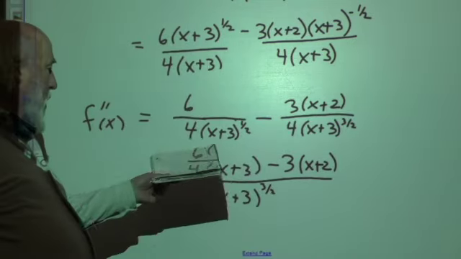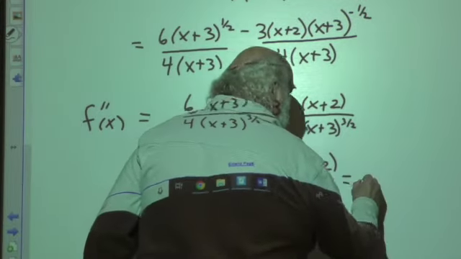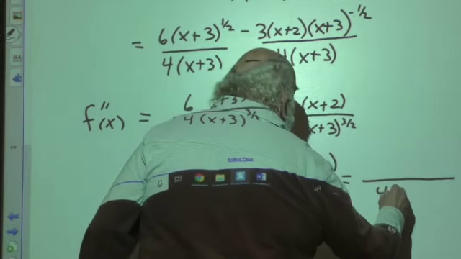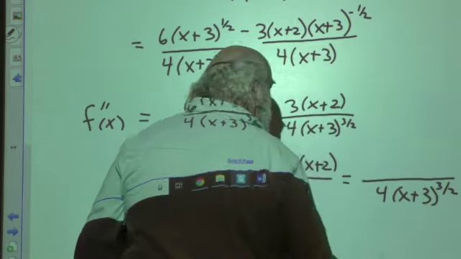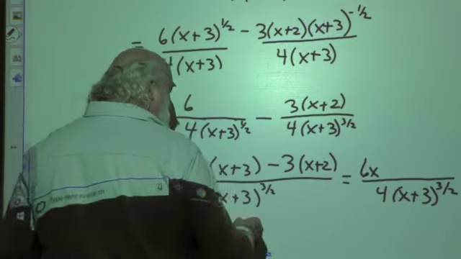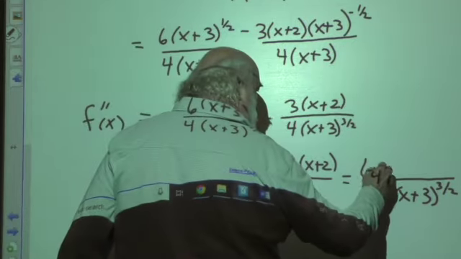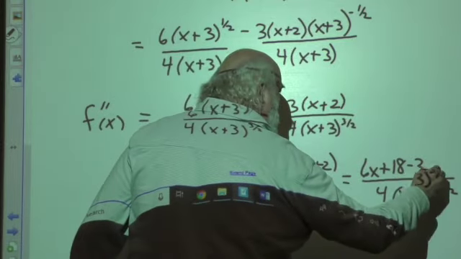Now I'm going to go ahead and multiply this across. This is 4 times (x + 3)^(3/2) here. 6 times x is 6x. 6 times 3 is 18. Negative 3 times x is negative 3x.